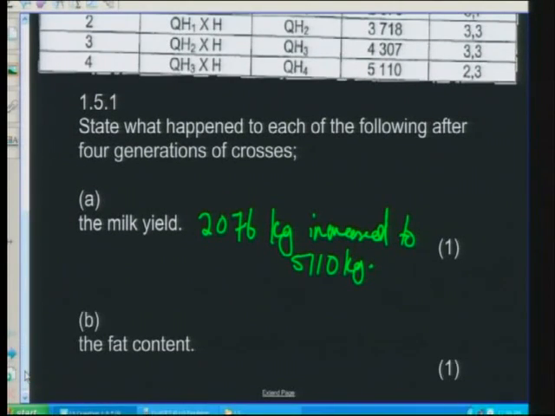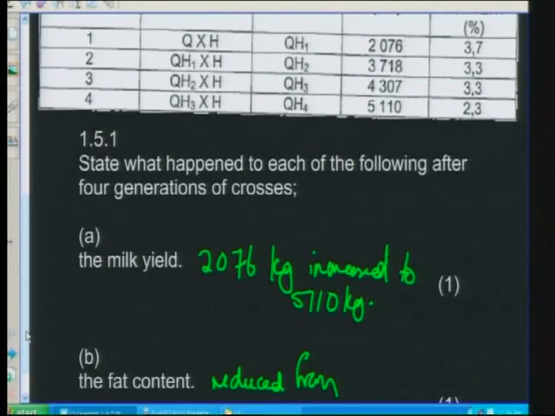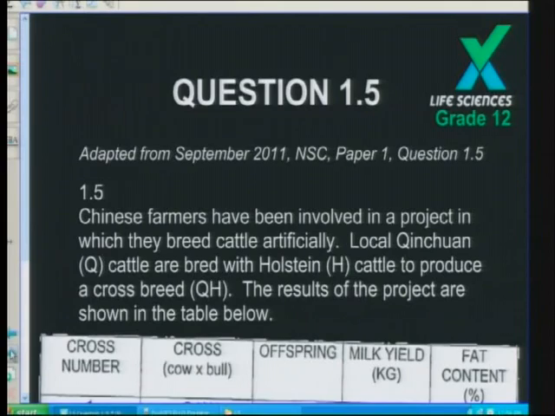Okay, and the fat content was reduced from, I think it was 3.7, 3.7% to 2.3%. So it was reduced by approximately a third. Okay?